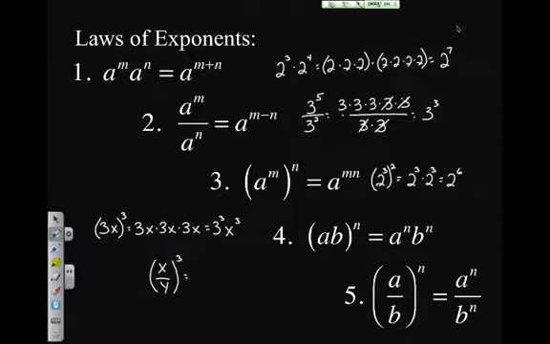Again, that means x over y times itself 3 times. And we can very clearly see that's x times x times x on the top, and it's y times y times y on the bottom. And again, we see that that exponent is just applied to each of those parts. And so that's how we get these properties. It's really just from the definitions of what exponents are.